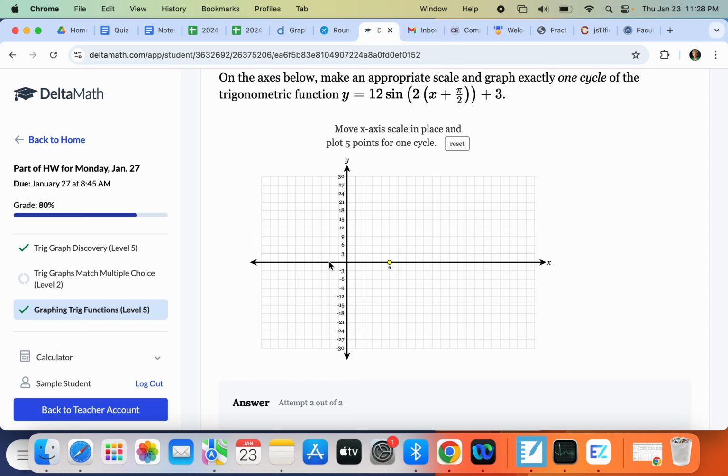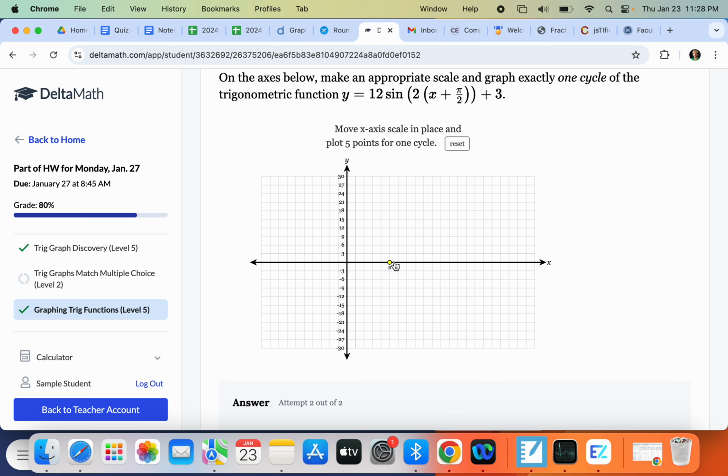All right, so I'm going to put my dots. Let's see, move the x scale in place. So I've got to make sure that's at pi. So it says pi over 4, 2 pi over 4, 3 pi over 4, 4 pi over 4. So this actually has to be right here.